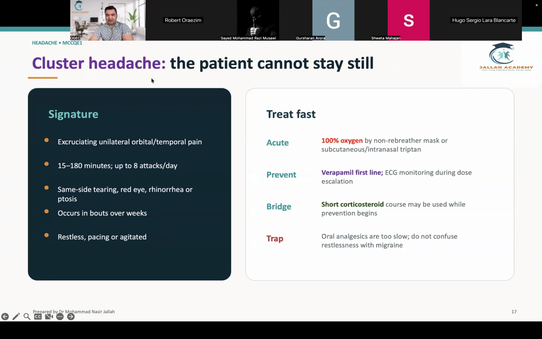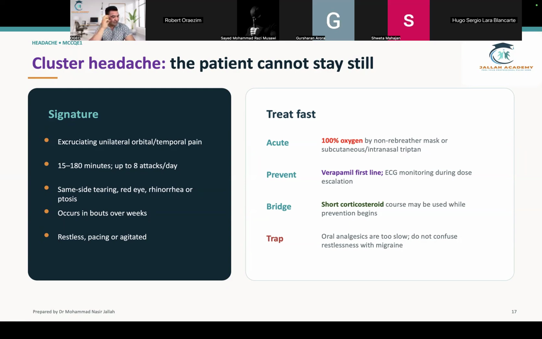So cluster headache, again, as opposed to migraine, usually male, usually during rest, early morning, after sleep, usually at the time that you wake up. And it has another characteristic finding: the patient will have tearing and rhinorrhea from the same side. It could be unilateral.